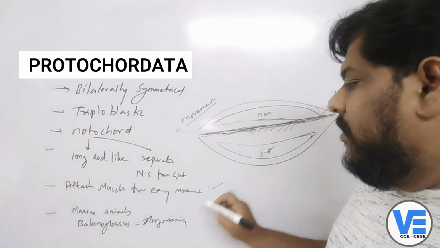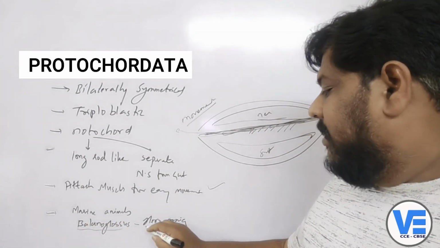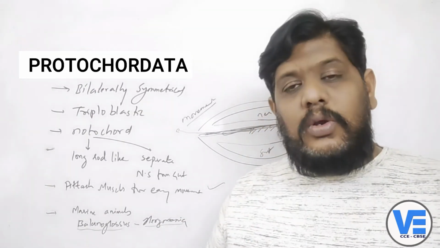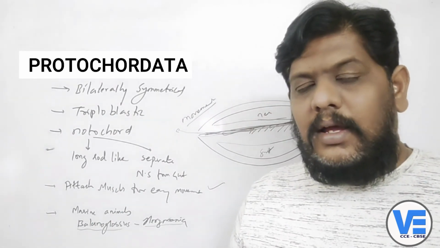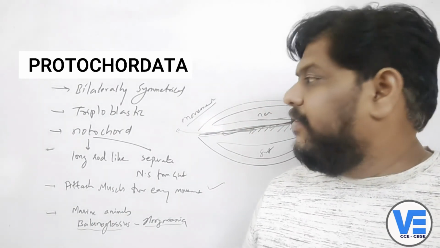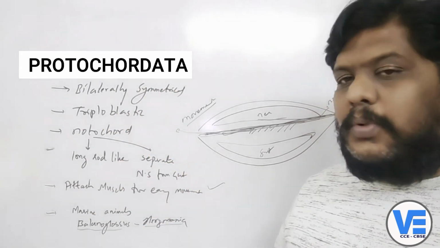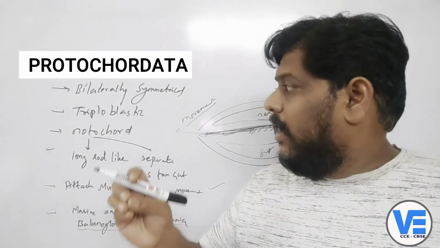And next, Balanoglossus and Herdmania are the two examples of protochordates. So these are the different characters of the protochordates. You can see they are bilaterally symmetrical, and also triploblastic in nature.